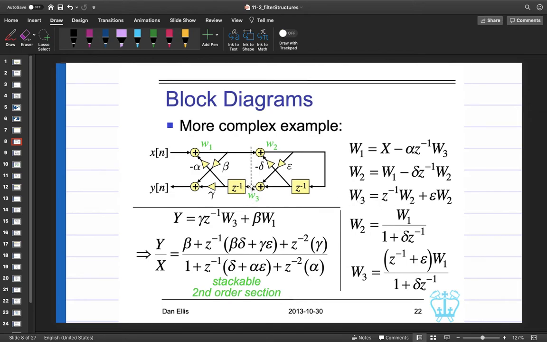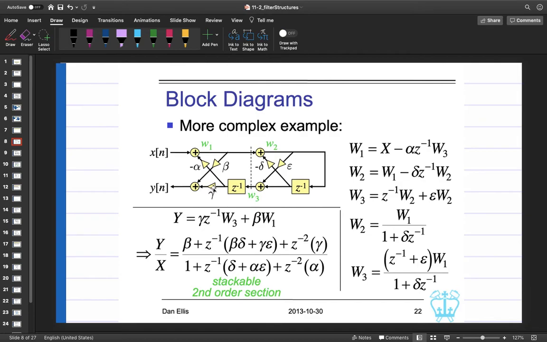That is W3. Now, what is my Y? Y is, okay, this is the path, W1 times beta plus W3 Z inverse times gamma. That is Y.